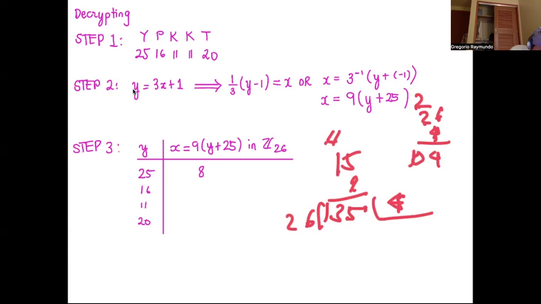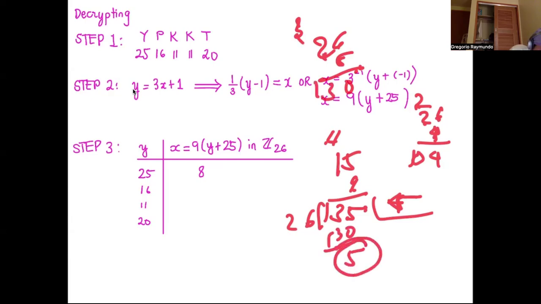So 5 siguro, 5. 26 times 5, 6 times 5, 30, 33, 5 times 2, 10, 11, 12, 13, 135, remainder 5.